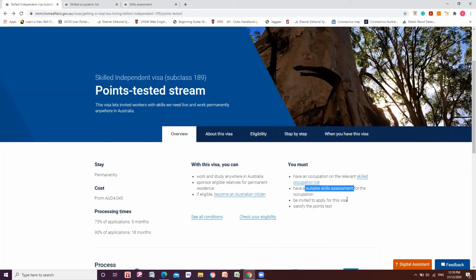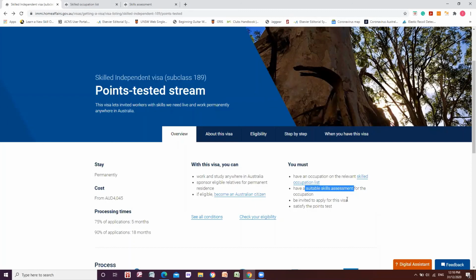And for engineers, for example, you have to go to the suitable skill assessing authority, such as Engineers Australia, and comply with their requirements so that you can prove that your skill as an engineer is equivalent to an engineer here in Australia.